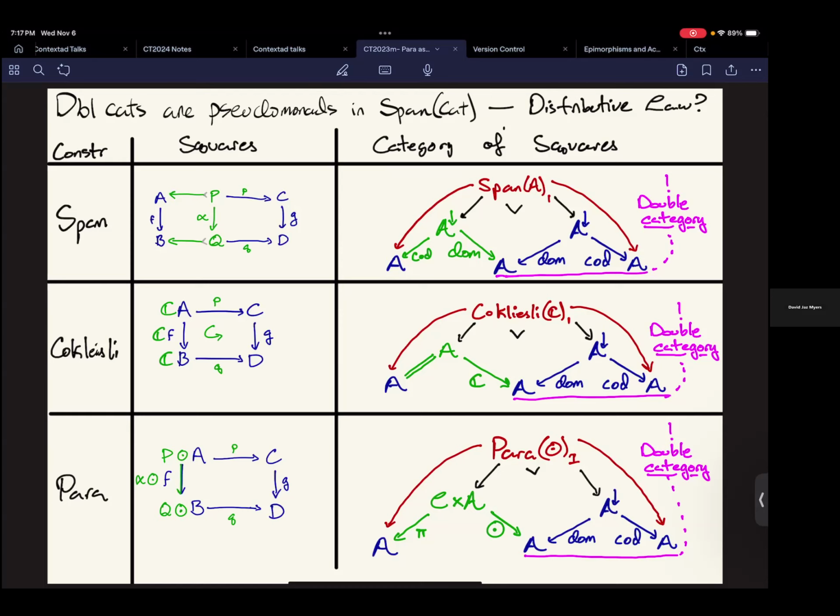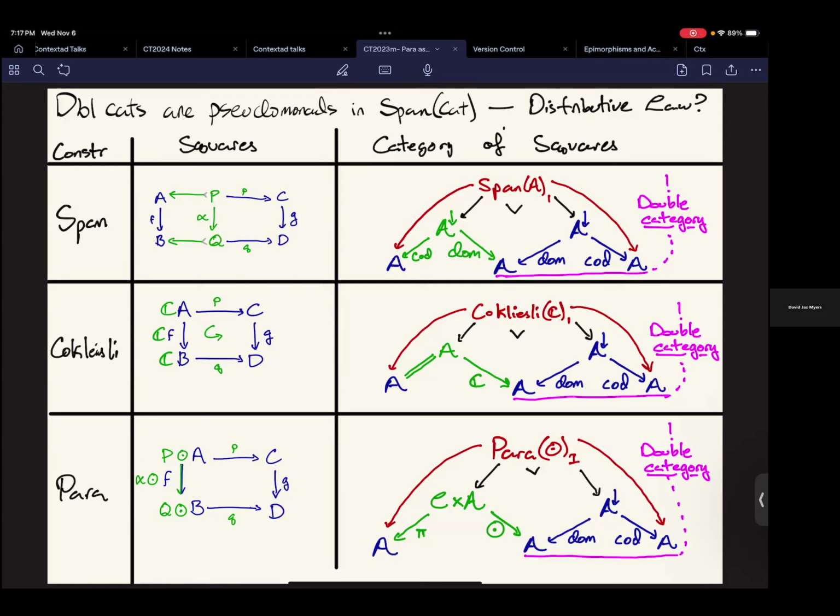The thing to notice about all of the categories of squares on the left-hand side is that they can be formed by pullbacks of spans of categories as on the right. This is just a reformulation of what they are.